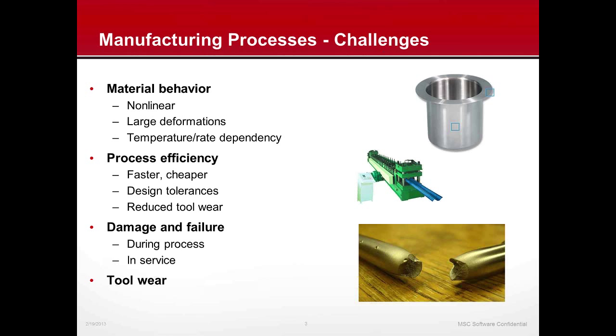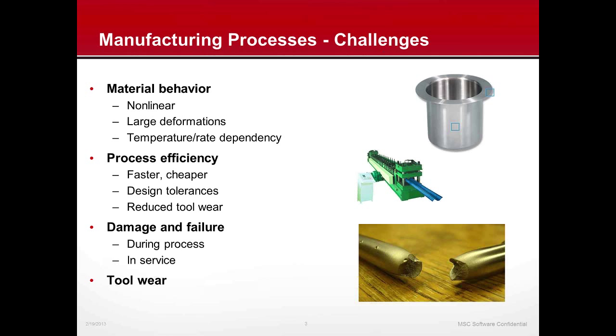For example, a sheet component could turn out to be thinner, and there could be higher stresses, and that could lead to early failure. Slow processes, on the other hand, can be economically non-viable because it just takes too long to make each part, and it won't be profitable for the manufacturer.